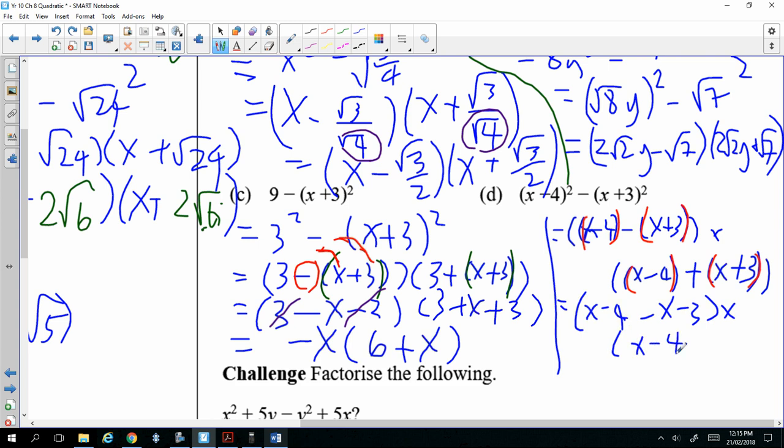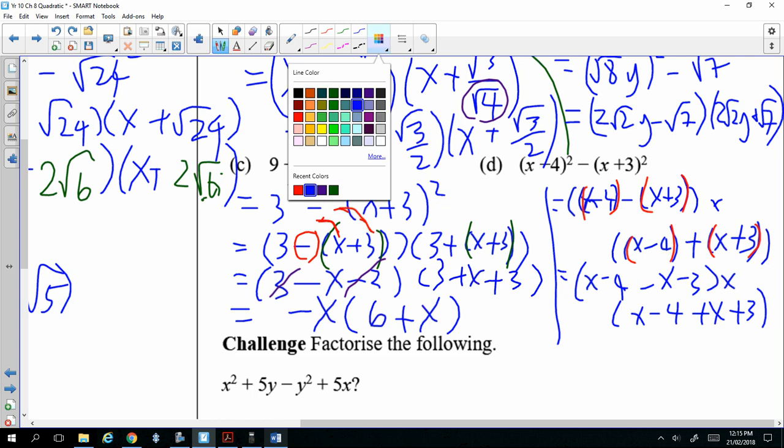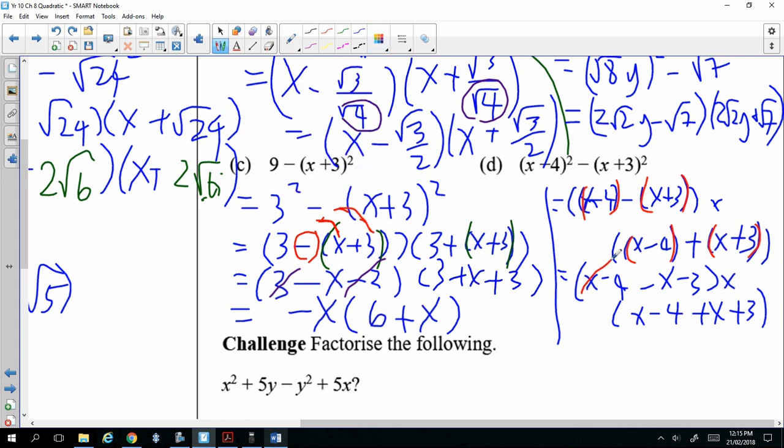And you collect like terms after that. The x gets cancelled, and negative 4 minus 3 is negative 7 in the first bracket. In the second bracket, x and x get added to become 2x. Negative 4 and the plus 3 becomes minus 1.